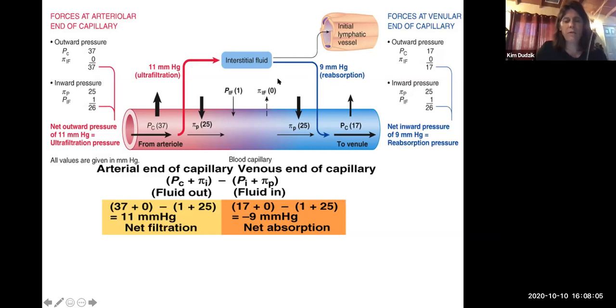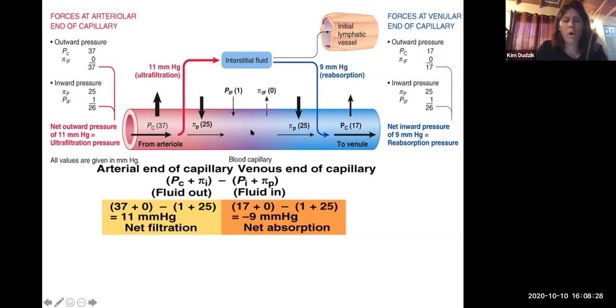The other thing that wants to cause fluid to move out is the colloid osmotic pressure in the interstitial fluid. Well, that's always 0 no matter where we are in this capillary bed. So that's there. We subtract from that what influences wanting to move fluid in. We said that was the hydrostatic pressure from the interstitial fluid. That's just 1.